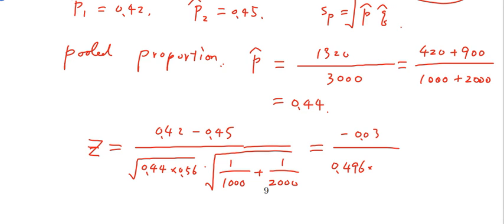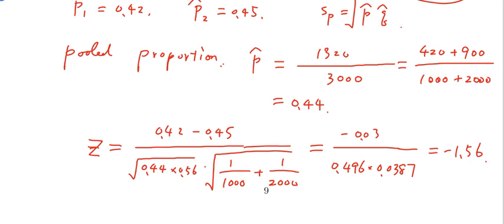Take the square root, so this is 0.038. Here just a little bit of calculation. Let's say this multiply. I think it is negative 1.56.